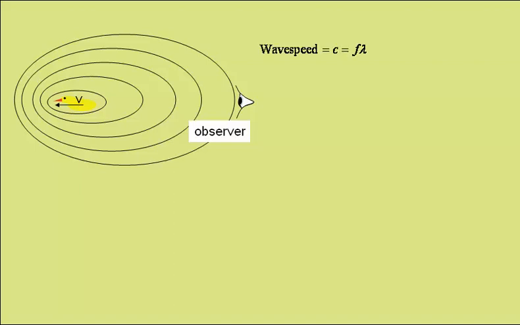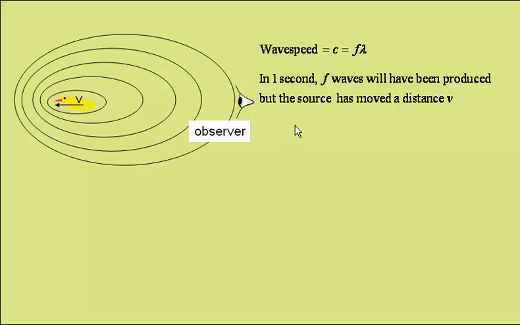We know that wave speed is equal to frequency multiplied by wavelength. Here I'm going to use the symbol c. This generally applies to electromagnetic radiation, but it also allows us to distinguish between the speed of the waves and the speed of the object. In 1 second, the frequency tells us how many waves have been produced, and in this time the source will have moved a distance equal to the magnitude of the speed v.